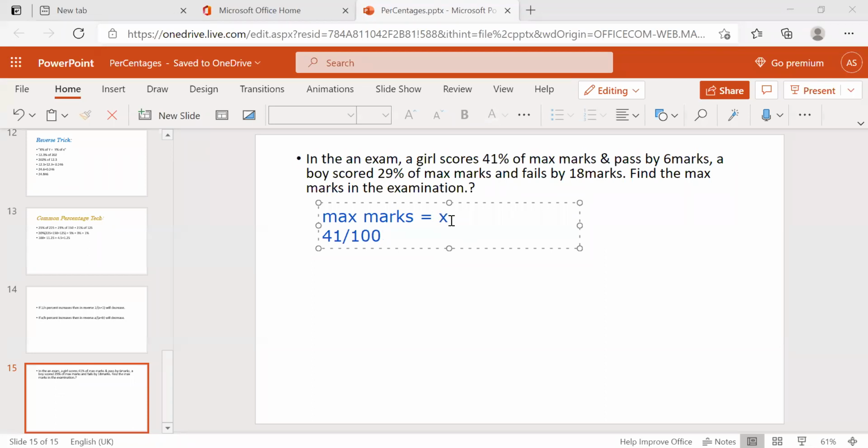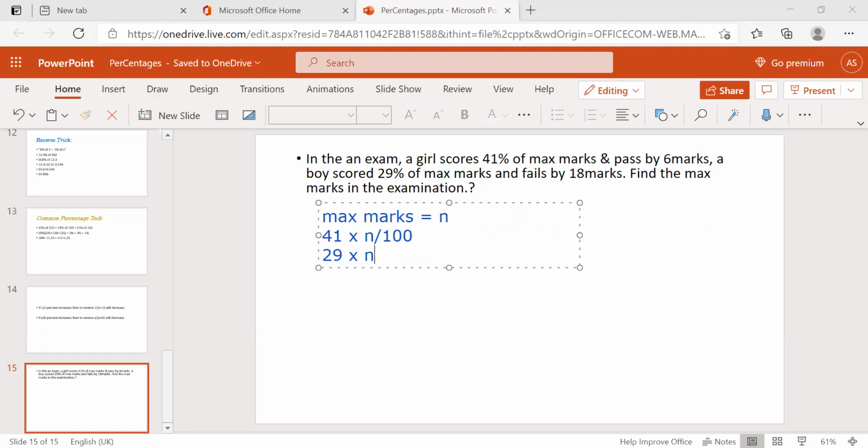I am assuming this is x. So what percent did she score in the maximum marks? 41% into x. Take x as total marks: 41 into total marks by 100. And what did the boy score? 29%.